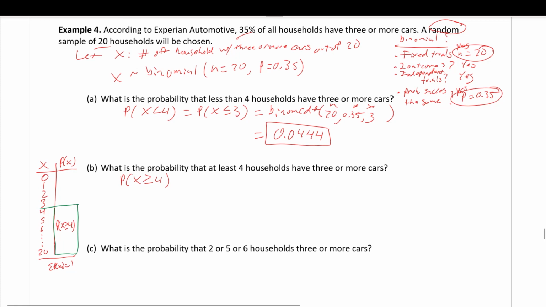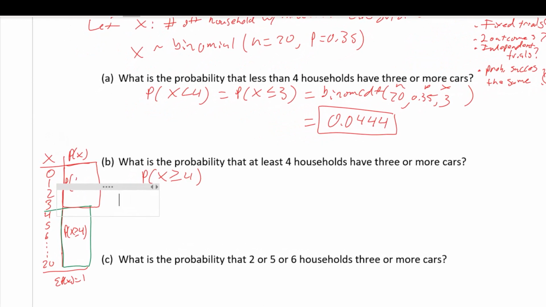Because we know that all of these have to add up to be 1, right? So if we were interested in this portion, and what do you think this portion right here is? Well, isn't that the probability that x is less than or equal to 3?